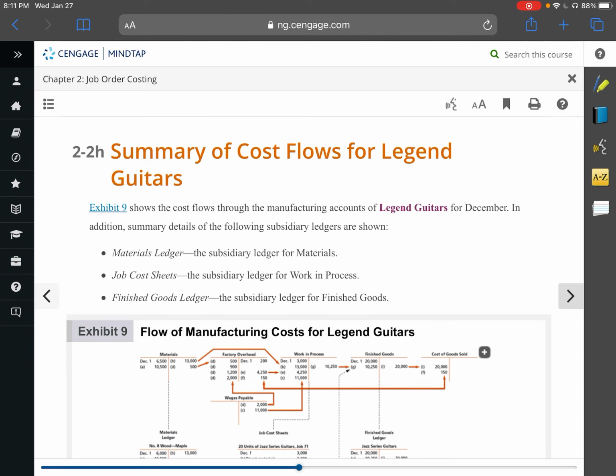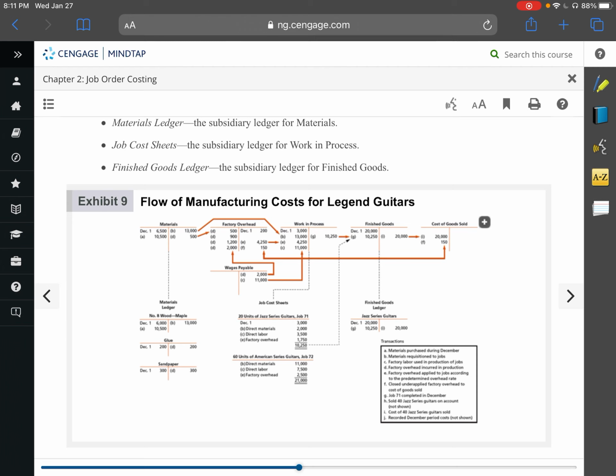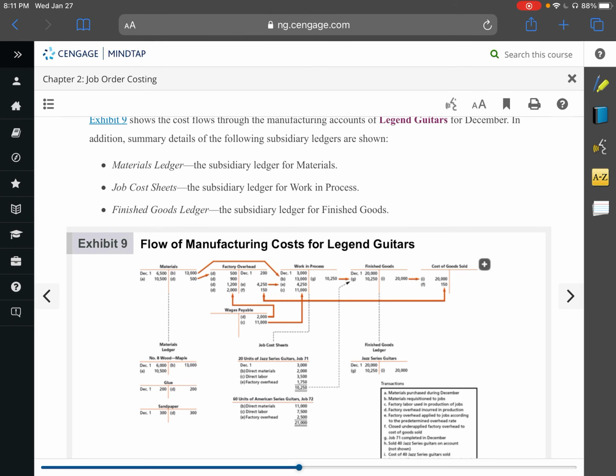Okay, then just looking at the cost flows for this company. We said when we started Chapter 2 that we were not going to look at some of the individual ledgers. I was more worried about looking at it from 30,000 feet and looking at the transactions that we would see moving direct materials into work in process, recording direct labor, moving work in process inventory into finished goods.